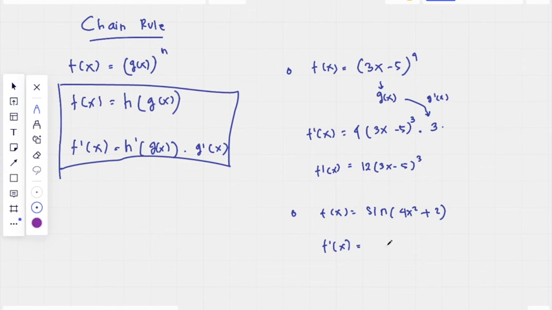The first derivative of sine is cos, then cos of 4x squared plus 2, and then times, suppose this one is g(x), the first derivative of g(x) or g prime x, which equals 8x, right? So we can rewrite as 8x cos of 4x squared plus 2. Okay, f prime x.